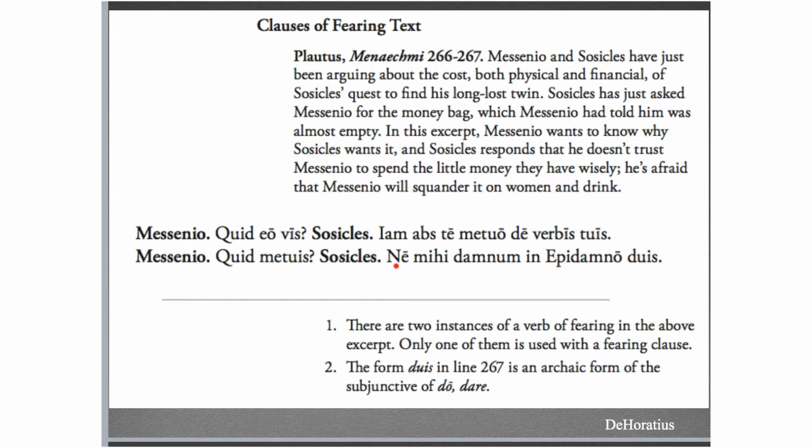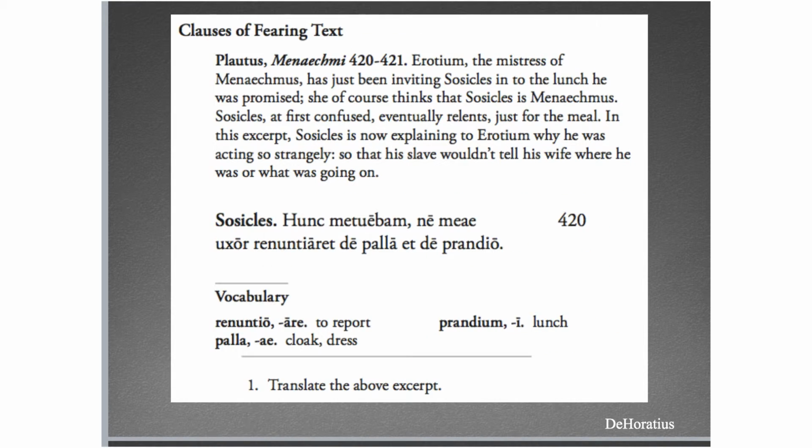I'm afraid that you have cursed me in Epidamnus. So there's a metuo understood because he's answering the question, what are you afraid of? That's how we'd say it in English colloquially: you've damned me in Epidamnus. And again, note the ne with the positive fearing.